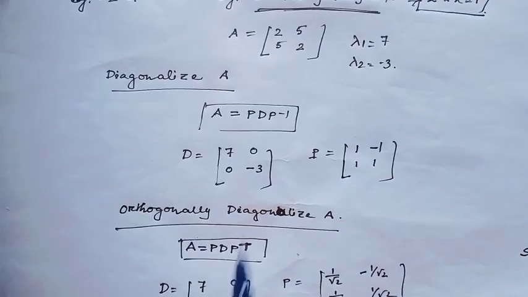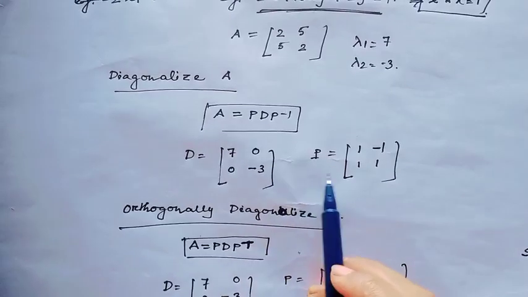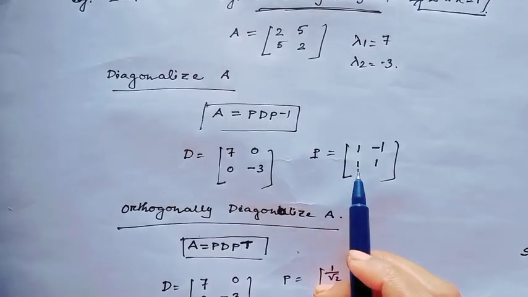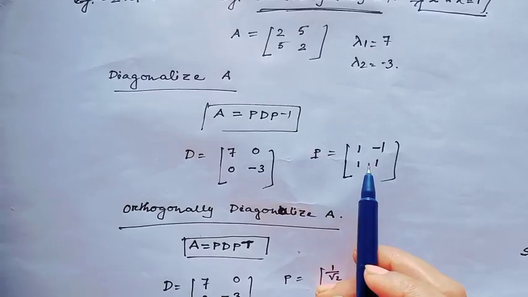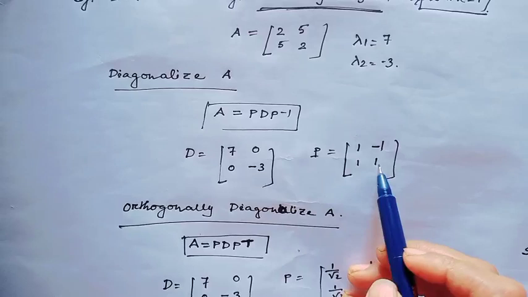So D equals [7 0; 0 -3], and P would be just the eigenvectors, and the eigenvectors of A would be (1, 1) and (-1, 1).